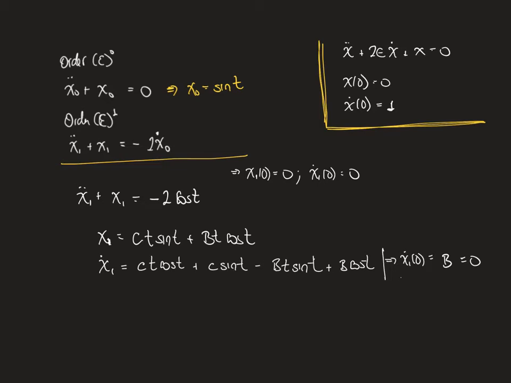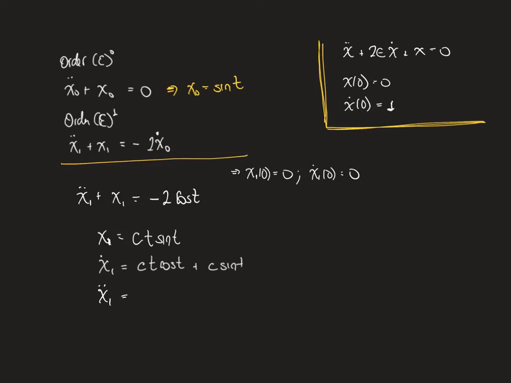So we can simplify this expression already from that condition. Okay, so we just erase this, and we can go on to x1 double dot. So it's equal to what?